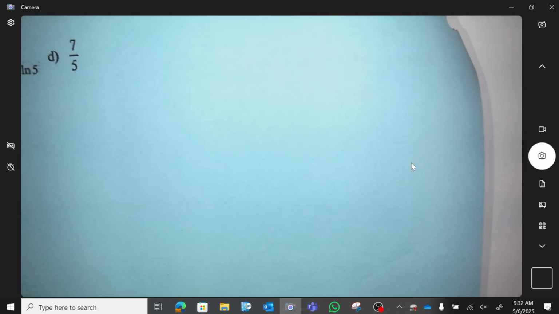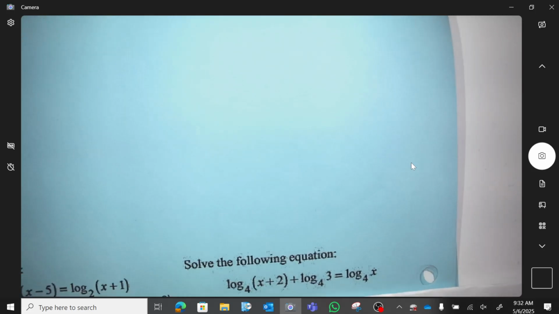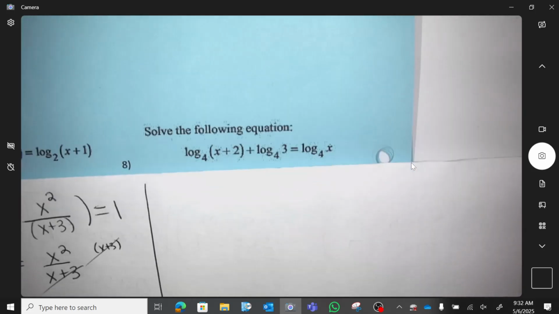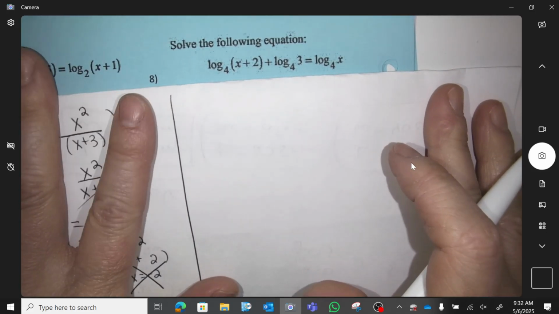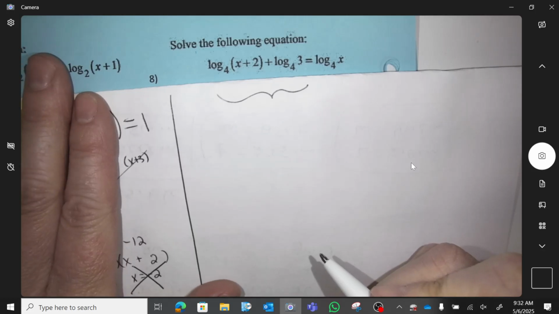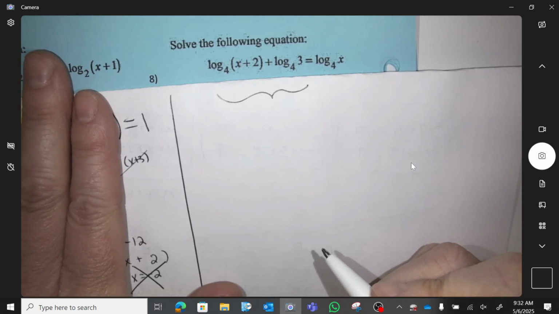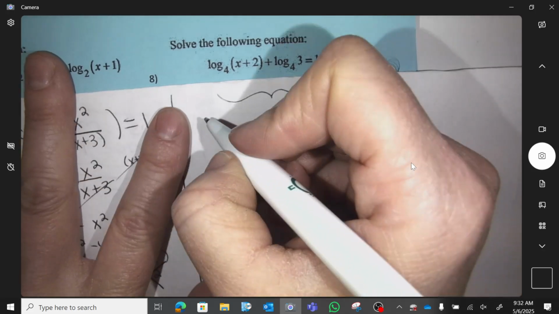So let's try this one below it. Okay, so this one, I'm going to glue those two things together. They were separated, so I'm going to glue them.